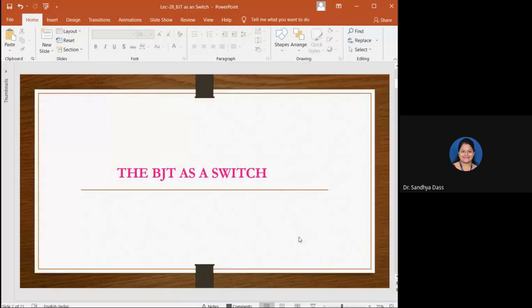So today's session we will be discussing BJT used as a switch. I hope when you hear the name switch, you are able to recall a conventional switch, the mechanical switch we generally use in our homes, where you have just two contacts.